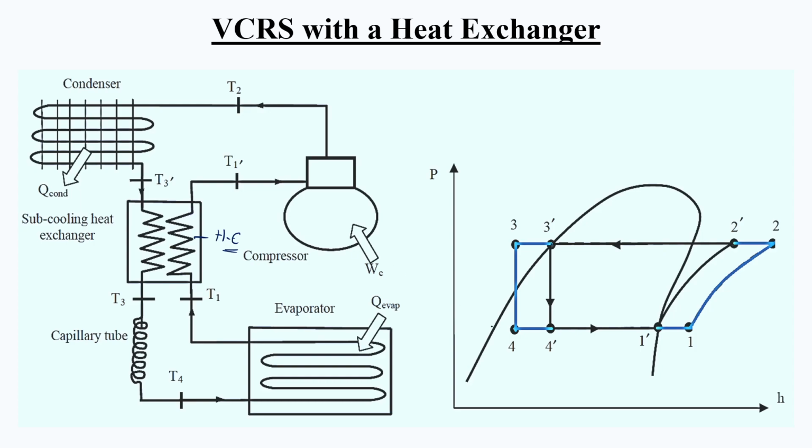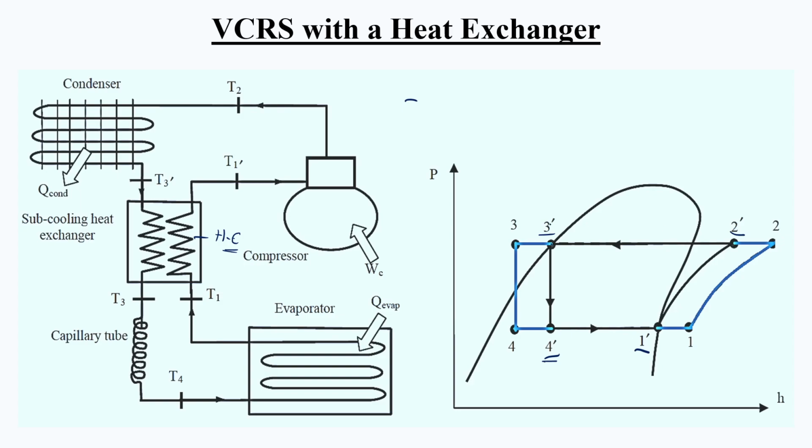It is received on the other side of the heat exchanger as shown here. In our graph, the points 1 dash, 2 dash, 3 dash, 4 dash, the black thick lines, represent a simple or ideal VCRS.